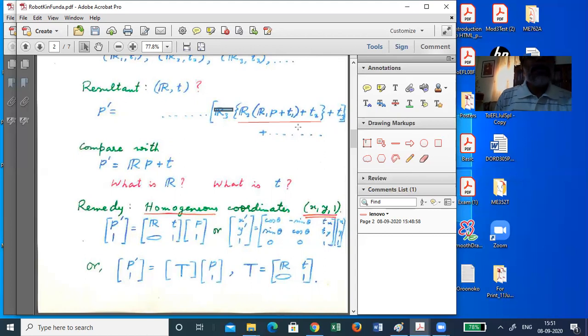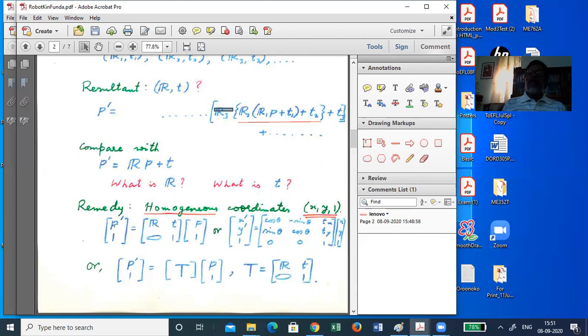The remedy is given by a system of homogeneous coordinates, in which for a point in a plane, rather than using 2 coordinates, we will use 3: x, y and a dummy 1.